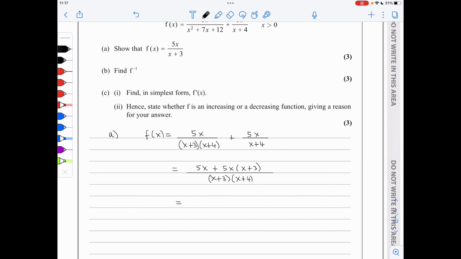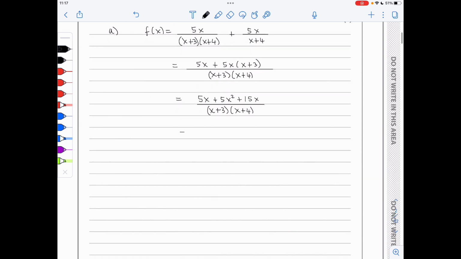I will now expand the numerator to get 5x plus 5x squared plus 15x over (x plus 3)(x plus 4). And then collecting like terms in the numerator will give me 5x squared plus 20x over (x plus 3)(x plus 4).